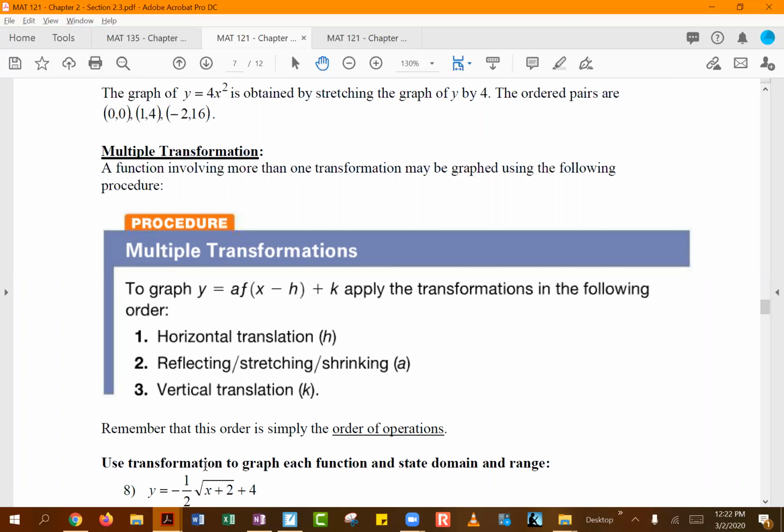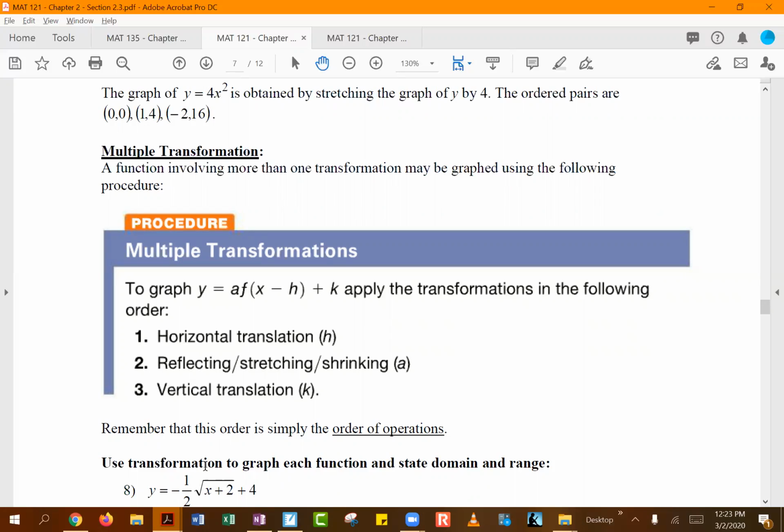But now we're getting into multiple transformations. So we've done each one of these transformations individually, as a single transformation, but what happens if you put it all together? So look at that order. You always start with the horizontal translation first, which means moving your graph left and right. Then these are all at the same level. So if you have a reflection, and you either have a stretch or a shrink, you're not going to have both in the same graph.